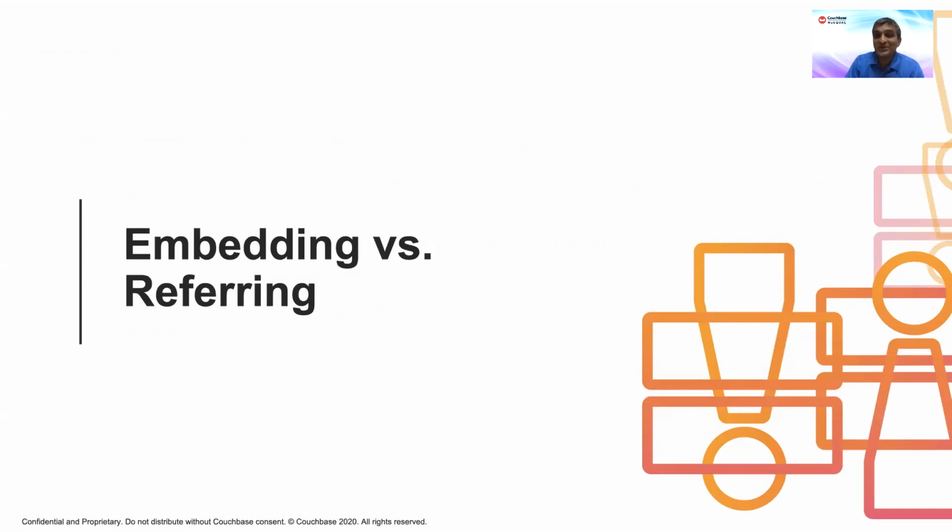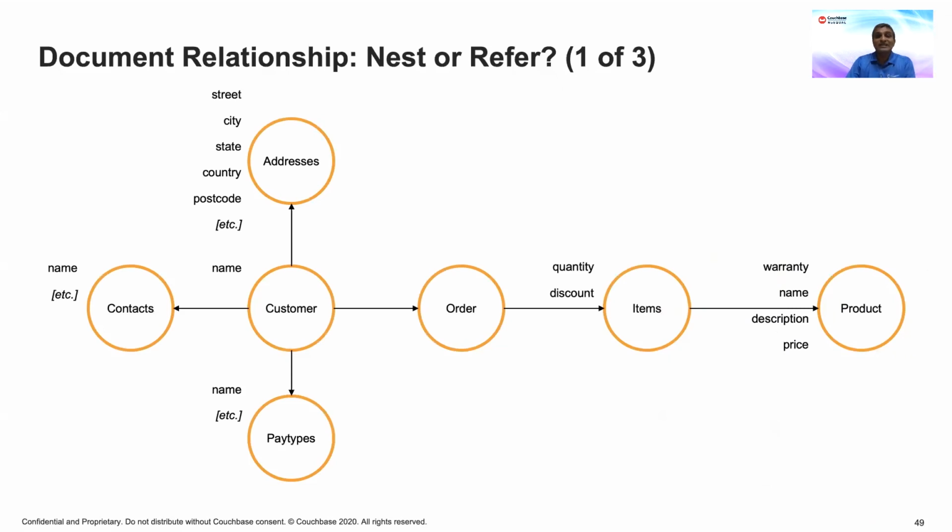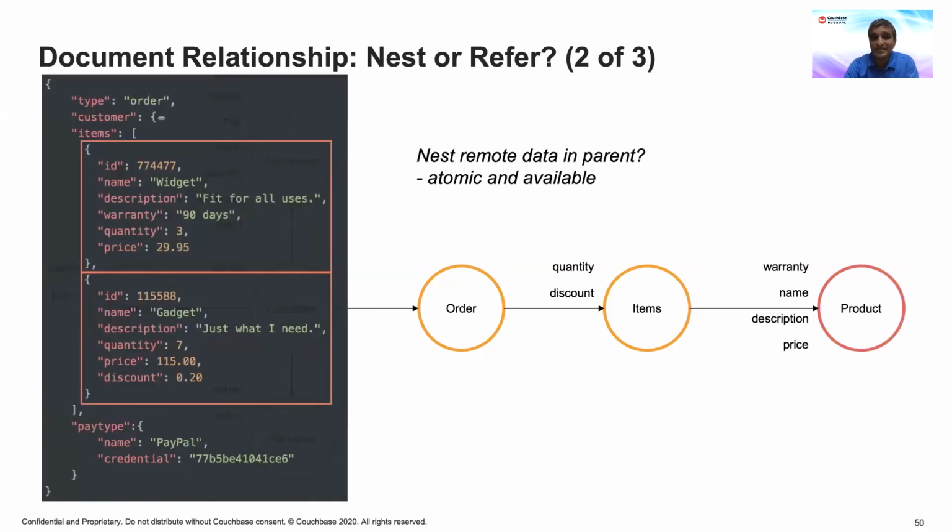So let's talk about embedding versus referring. Look at this conceptual model here. I've identified the different entities: address, customer, pay types, contacts, order, items, product. So how do I want to do it? Should I do something like this, where I have an order document, and inside the order document I have an array of items?